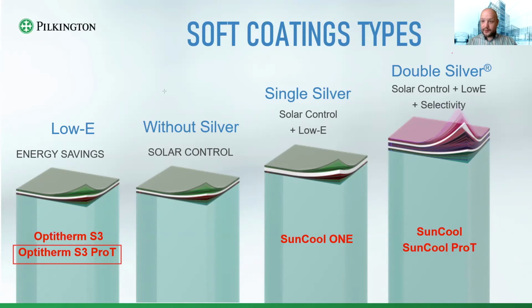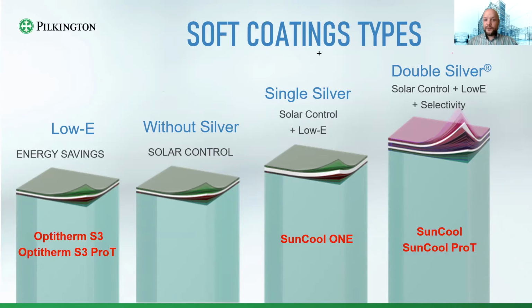That is because the soft coating has to survive the tempering process, and in order to survive, it has to have some recombination inside of this very thin layer. So the properties which are used for us in the booklets, in the brochures, they are attained after the tempering process is done.